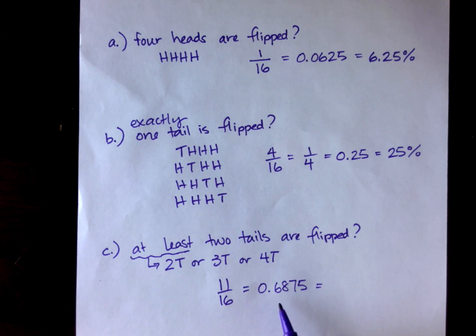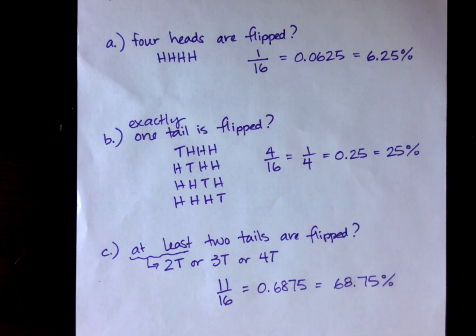And if we convert this to a percentage, this will be 68.75%. So if we flip a fair coin 4 times, and we would like to get at least 2 tails, we will be looking at 68.75% chance of that happening.